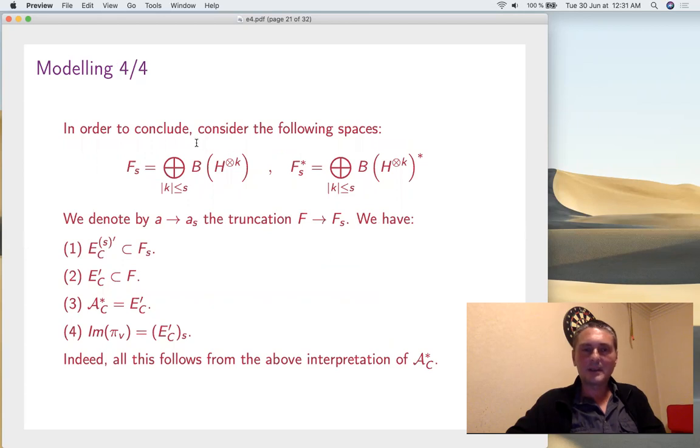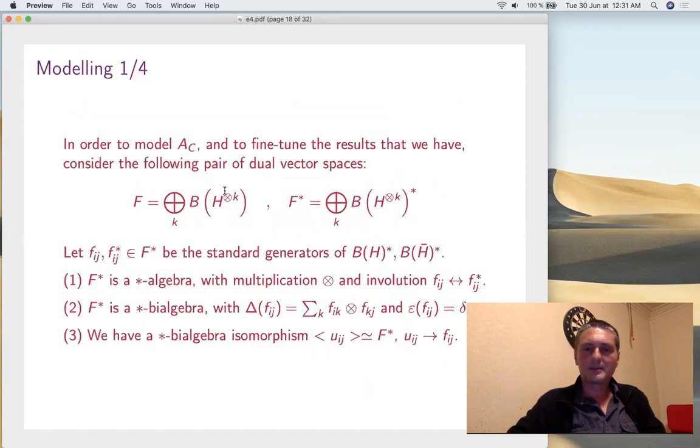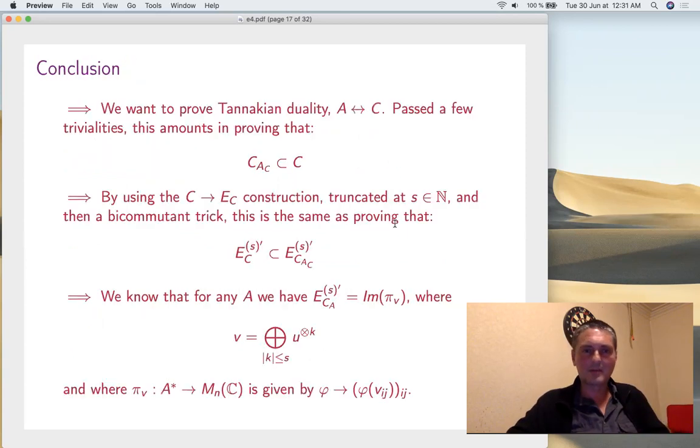Now with this, so let's go back. Yeah, this will be our final result coming from modeling. So that's what we'll need for proving Tannaka. So let's truncate. I remember we started with these spaces here and here, but now we need to truncate at level S for proving our thing. Where was it?